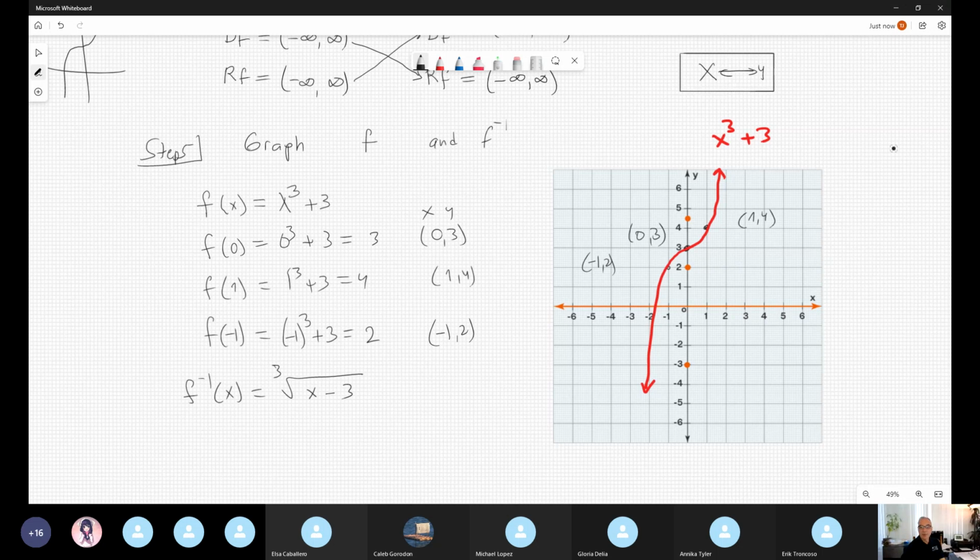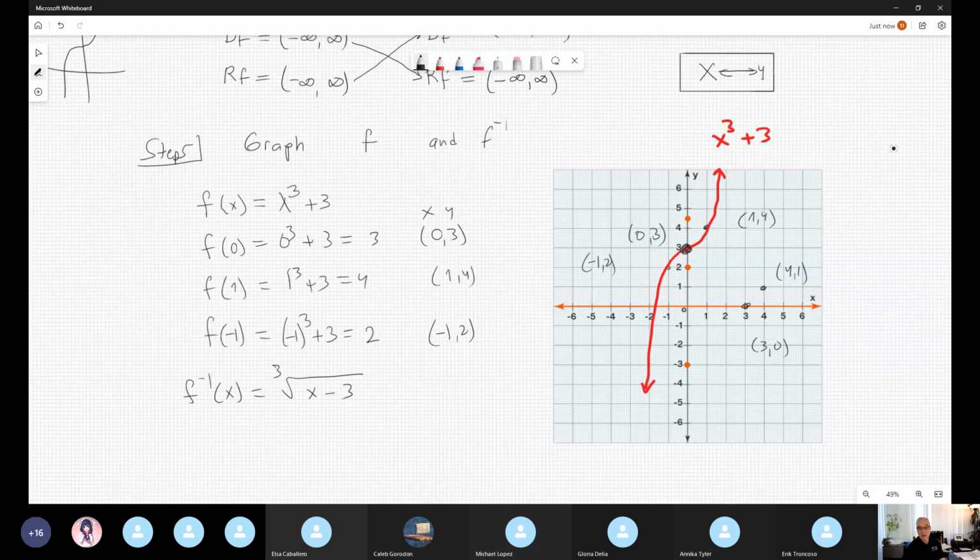Therefore, point by point, suppose that point 0,3 would be 3,0. Because the only thing I did was interchange x and y. This point 1,4 would be 4,1 here. This is fantastic, guys.